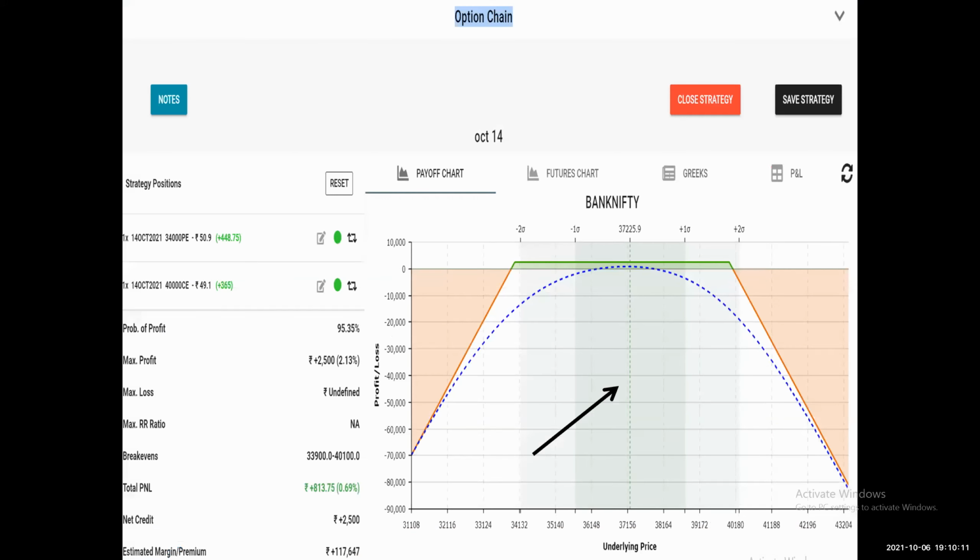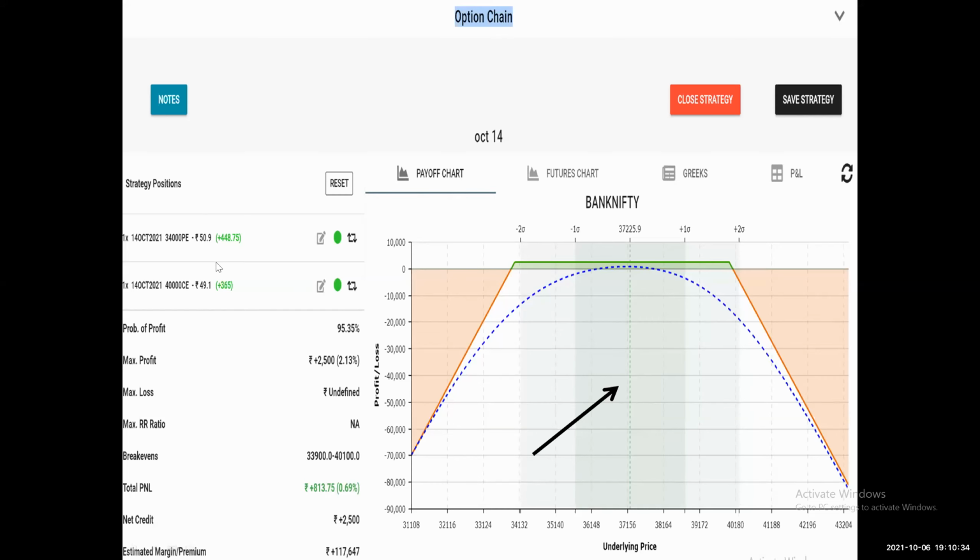Now, please look at these strike prices very carefully. This I have already posted in a video approximately 4-5 days back, and this is for the 14th October expiry. I have sold a 34,000 PE at 50 rupees and a 40,000 call at 49.1 rupees.